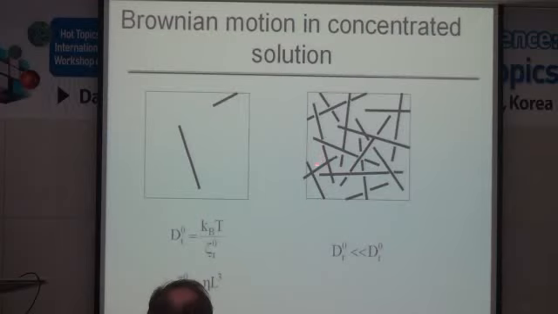But since rotational motions are hindered by other rods, we expect that the effective rotational diffusion constant in this situation must be much less than that in the dilute solutions. I want to first discuss how much smaller the rotational diffusion constant should be.